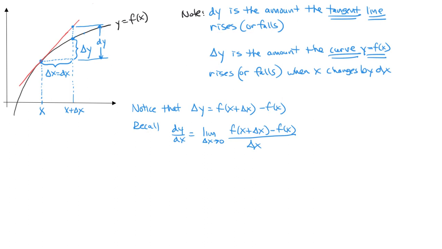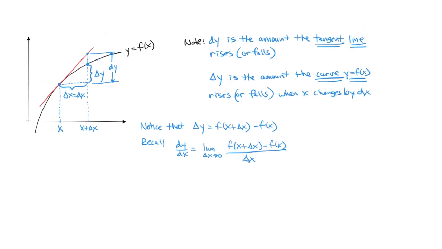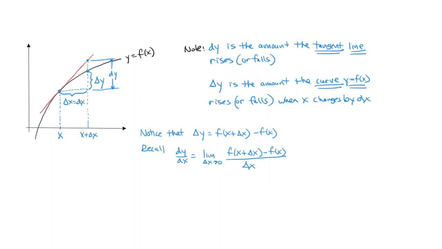Okay, so as we were talking about earlier, delta y is just that y-coordinate, take away that y-coordinate, right? That would give us this gap, that y-coordinate over here, take away this y-coordinate over here. This y-coordinate is just f of that, right? Because you plug that x-coordinate into the function.